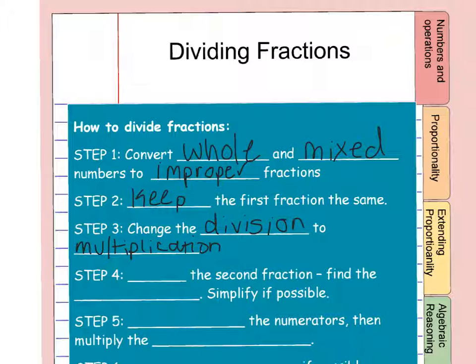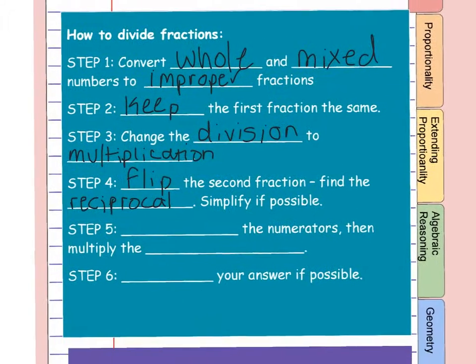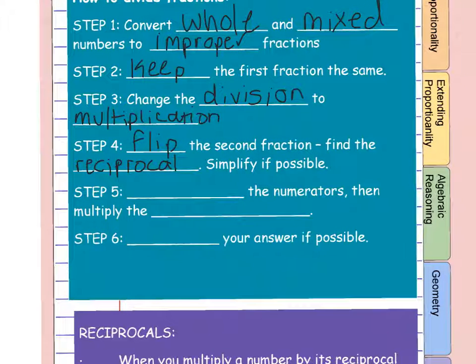When we do that, we have to do step 4, which is to flip the second fraction. When we flip the second fraction, what that is called is finding what's called the reciprocal. So the reciprocal. And once you find that reciprocal, what I want you guys to do is simplify if possible.